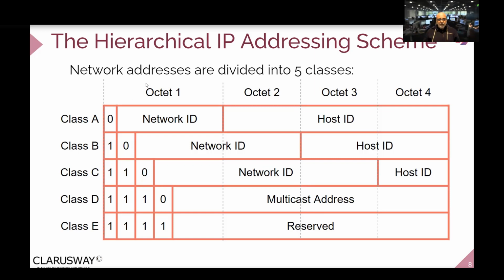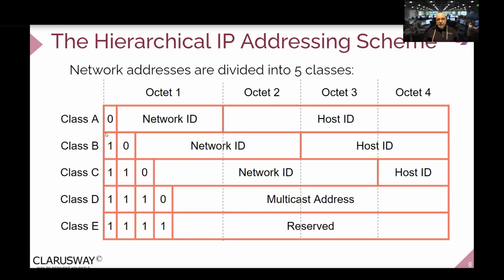Okay, so they created 5 different classes. Okay, we're just going to talk about these first 3, but they created 5 different classes, and we'll just focus on class A, B, and C. And the difference between class A, B, and C is the size of the network and the number of hosts that are allowed on that network as a result.